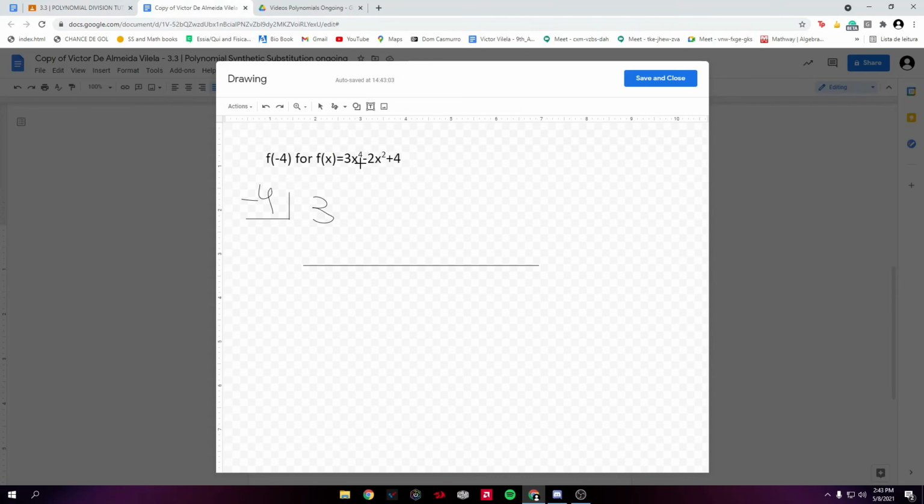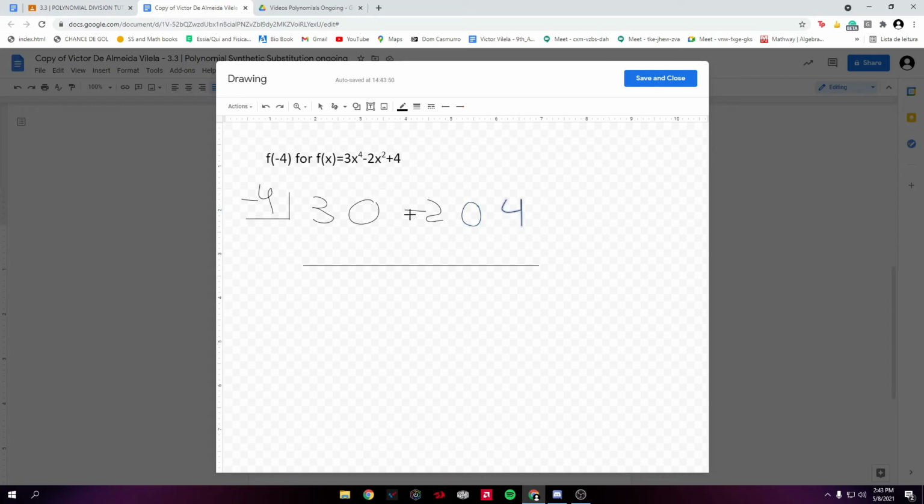We actually had this problem, and we have it during the polynomials, which is that when we have all the powers here, there is actually a power of 3 and a power of 1, so it's not only these two. So we put down 3, and then we have to put a 0 because it's x to the power of 3, and then we have to put now the -2 as well, and the 0 once again because it's the x, and then the 4.